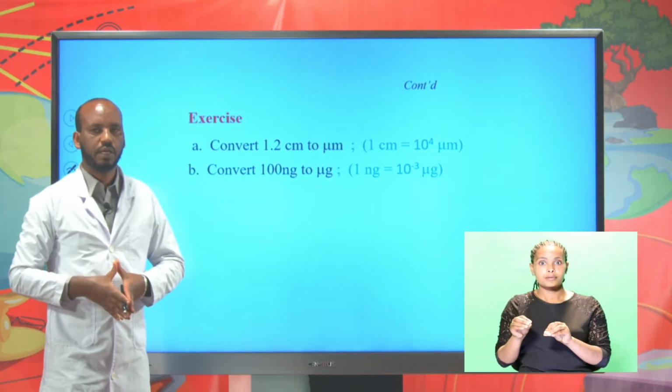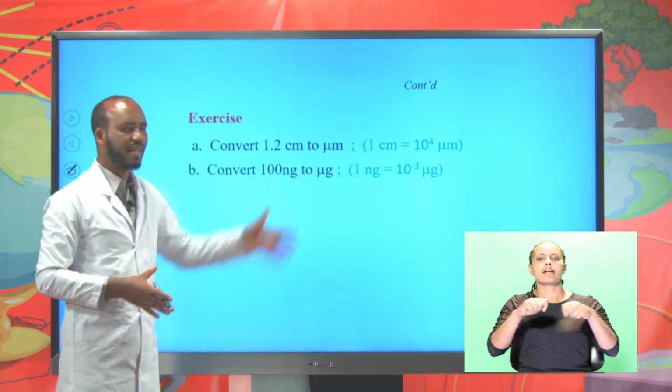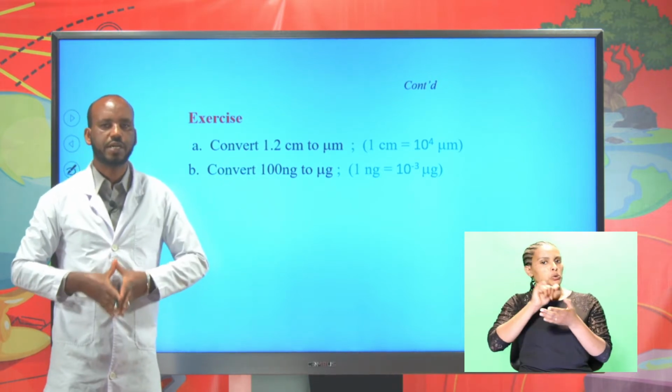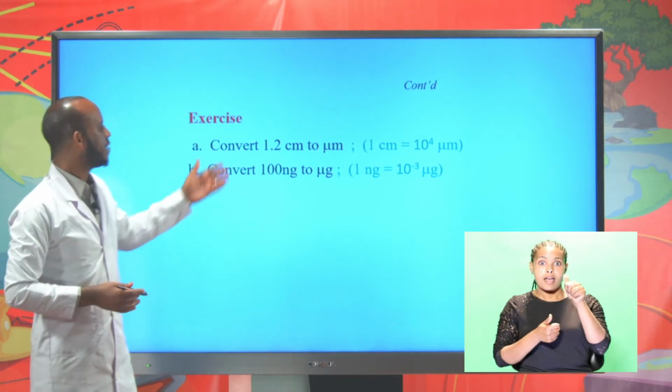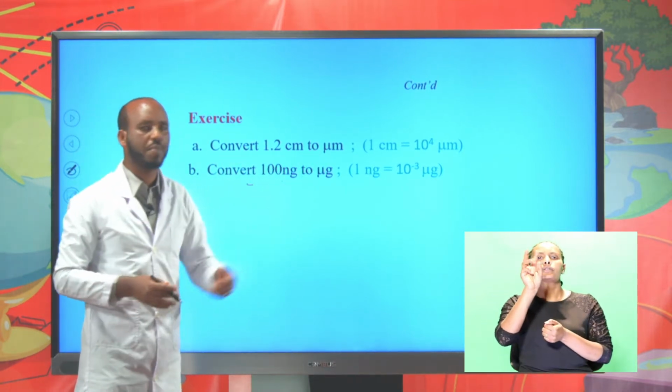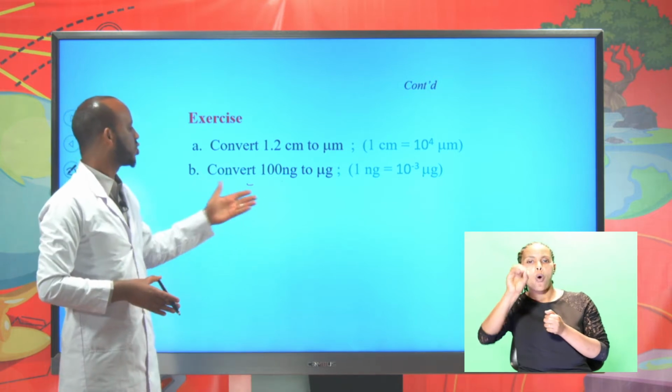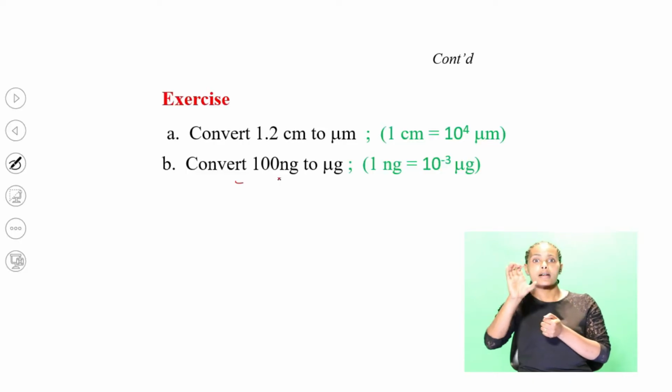Students, let us try this exercise so that you can practice what you have just learned. A. Convert 1.2 centimeter to micrometer. B. Convert 100 nanogram to microgram.